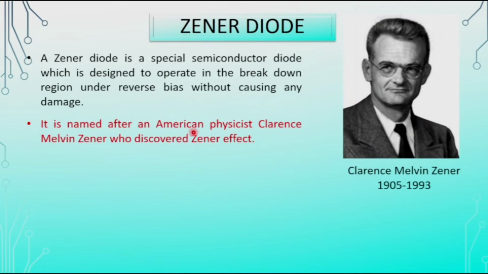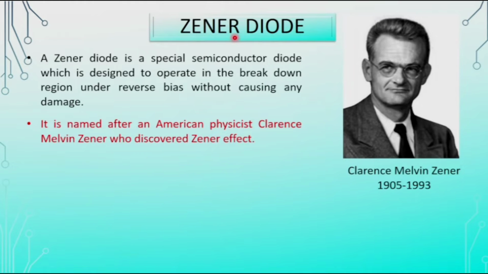It is named after the American physicist Clarence Melvin Zener, who discovered the Zener effect, which we have already discussed in our last video. What is the Zener effect? How the tunneling of electrons occurs from p side to n side and we get a large current for a particular breakdown voltage.